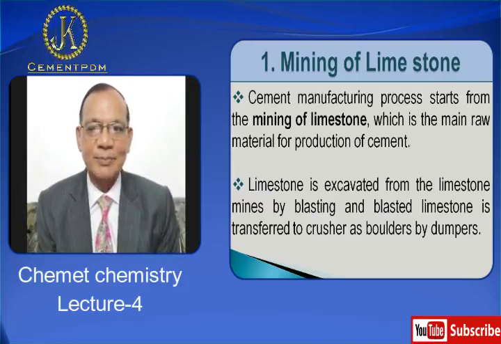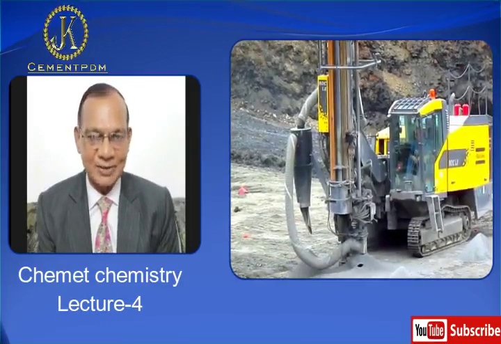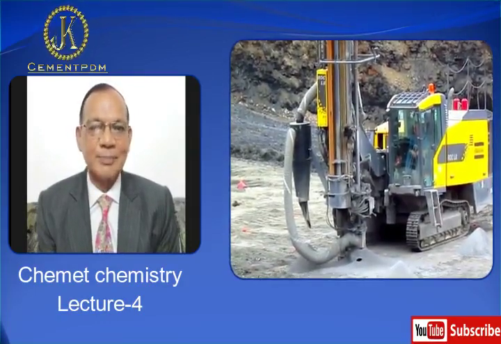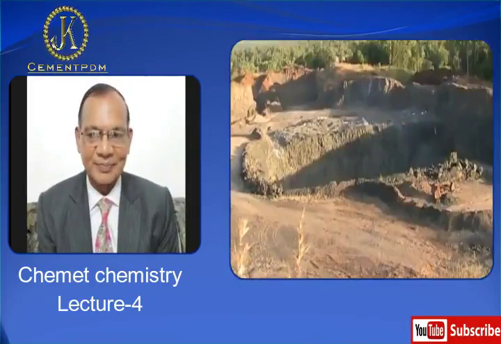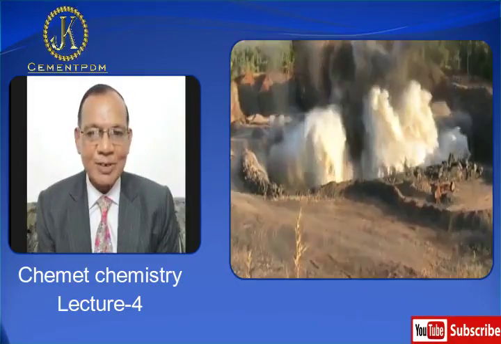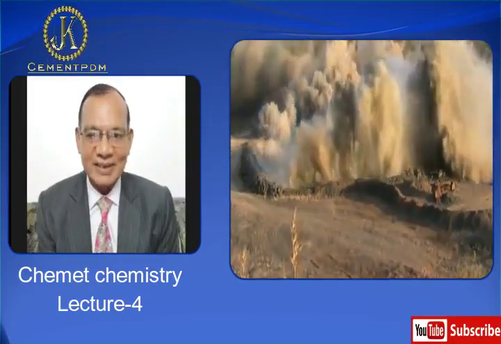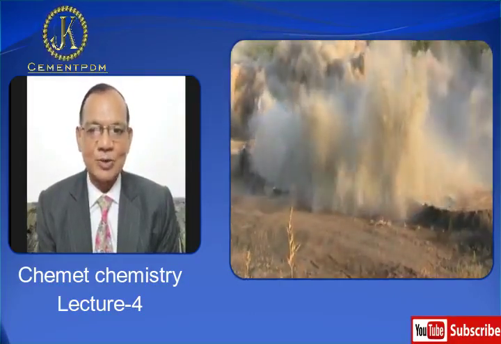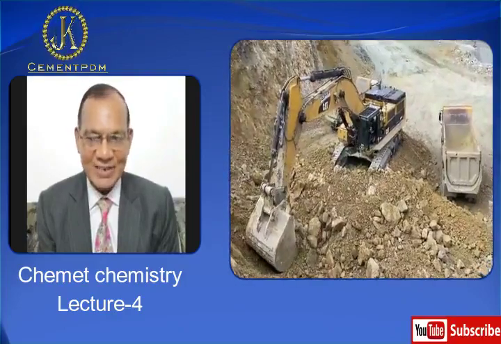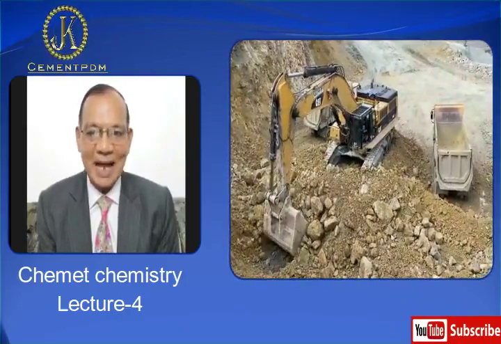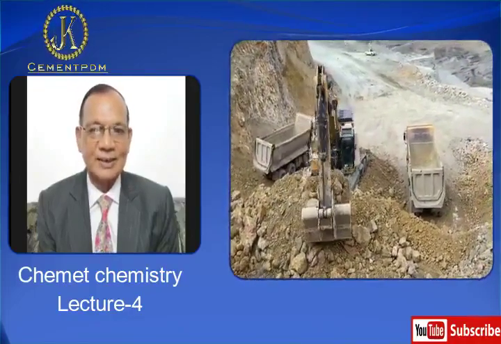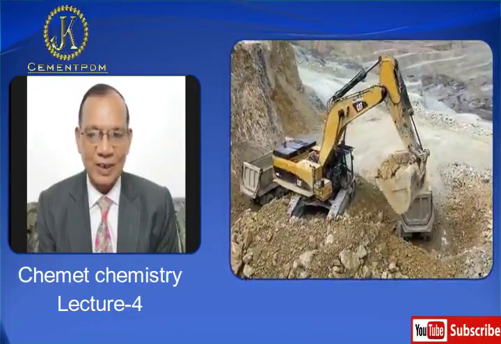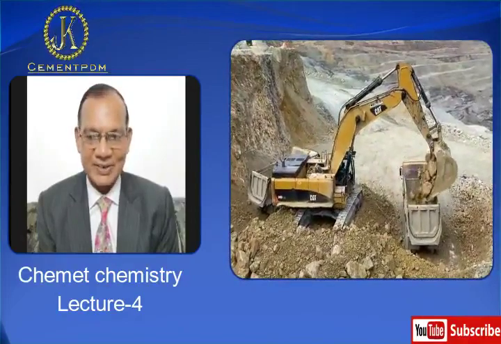Cement manufacturing process starts from the mining of limestone, which is the main raw material for the production of cement. Limestone is excavated from the limestone mines by blasting, and blasted limestone is transferred to crusher as boulders by dumpers.